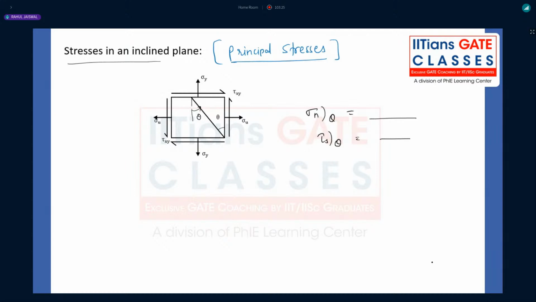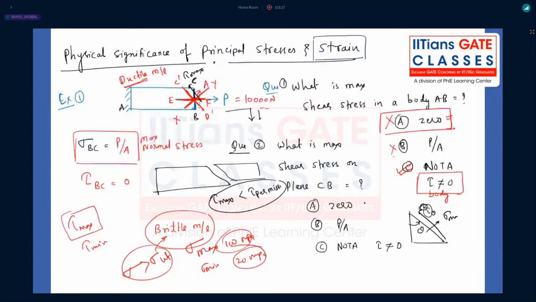Getting my point? Tell me, guys. And now it is directly connected to the point I mentioned earlier, that stress is defined at a particular point. That is also the reason why we say stress is defined at a particular point. Whether these things are clear?